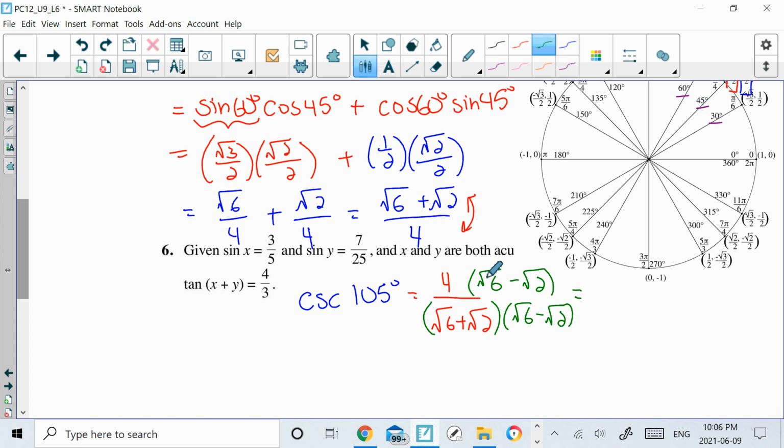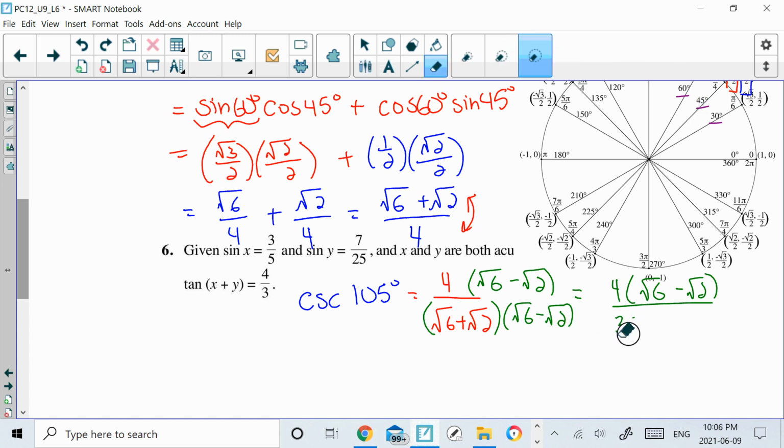So I will have 4 times that binomial, all over root 6 times root 6, which is going to give me the square root of 36, which is 6.